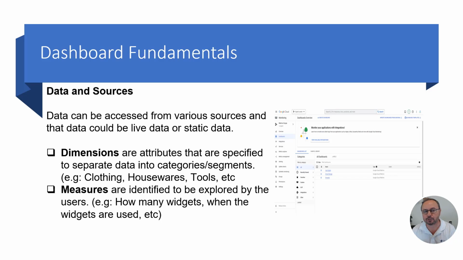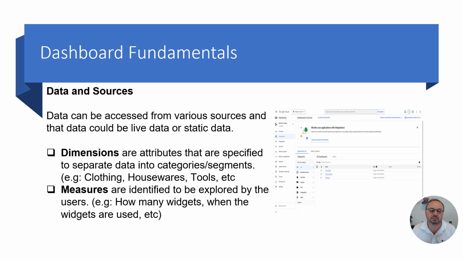So when we hear the term segment, in the world of reports and even dashboards, we're typically referring to a dimension. This could be something really tangible. It would be like an item: clothing, houseware, tools. This could be order numbers. Whatever those dimensions are, they're typically something tangible we could identify.